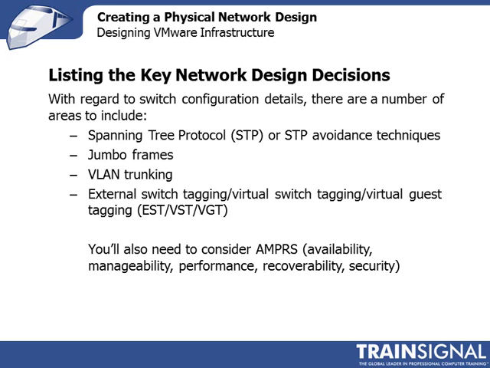So as you move through the design process, whether you're crafting a logical or physical design for storage, for compute, for network, for management, all of the various areas, you'll want to consider this acronym AMPRS: availability, manageability, performance, recoverability, and security. And it gives you a way to assess or evaluate the design and the environment against the attributes that you want it to have.